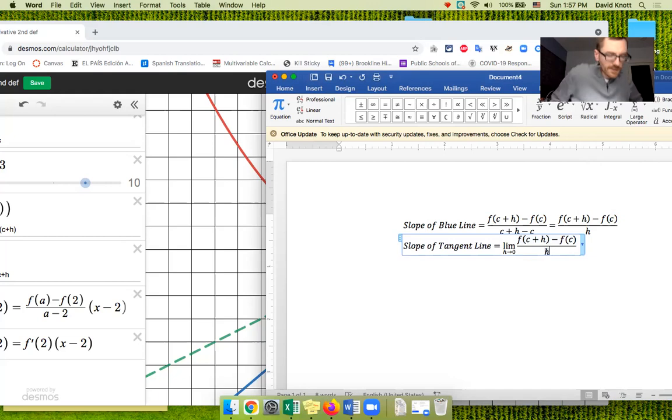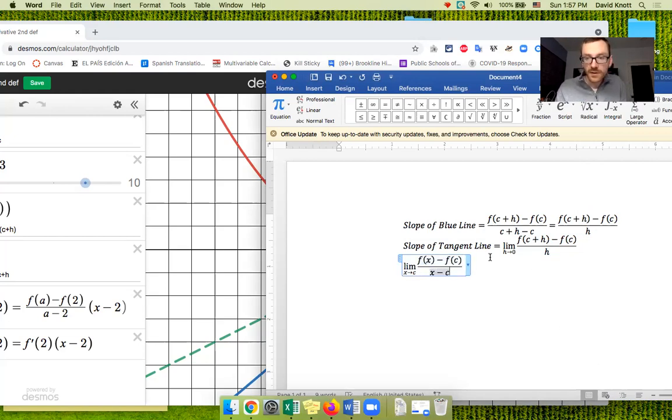Now, of course, we already have a formula for the slope of the tangent line, right? It's the formula that we've been using for the derivative, for the instantaneous rate of change. It's the limit as x approaches c of f of x minus f of c over x minus c.